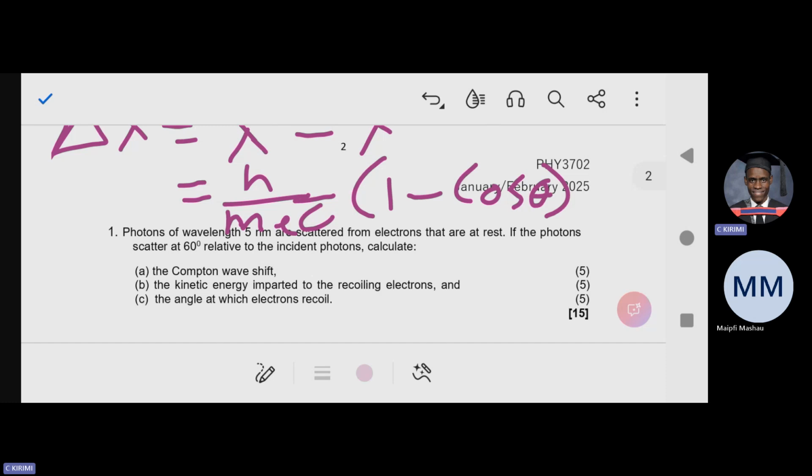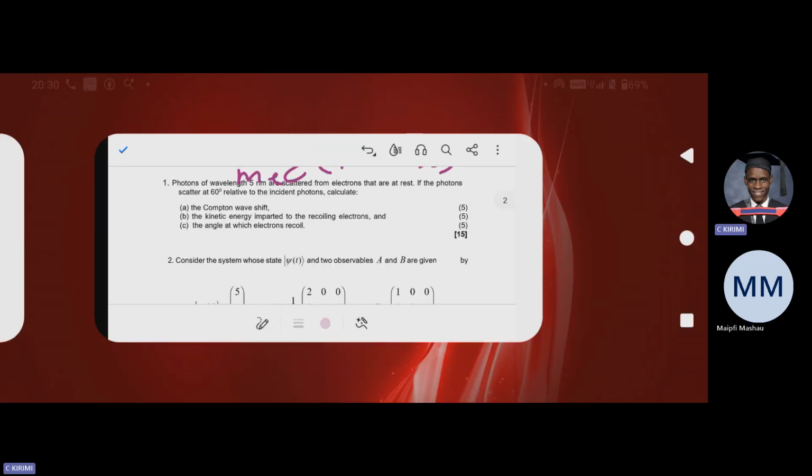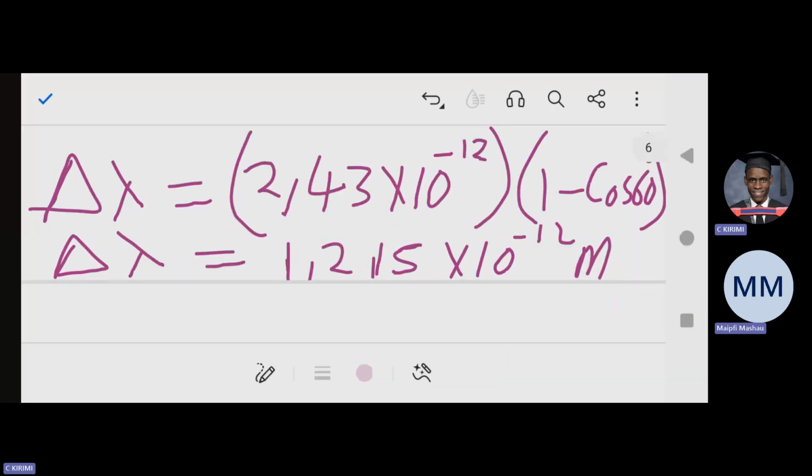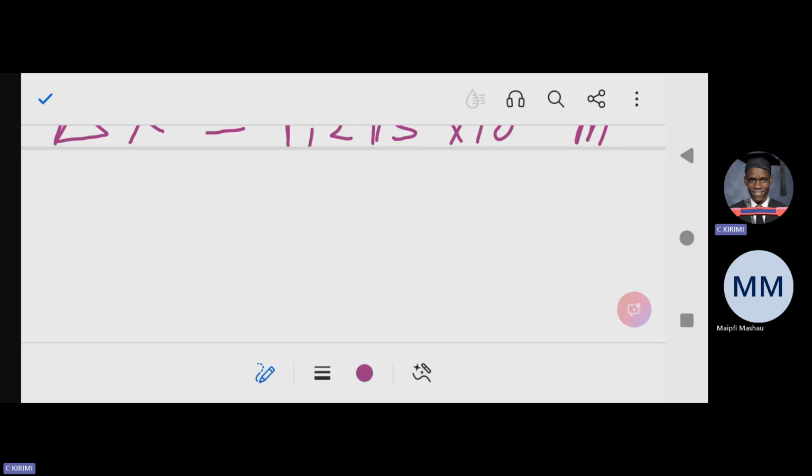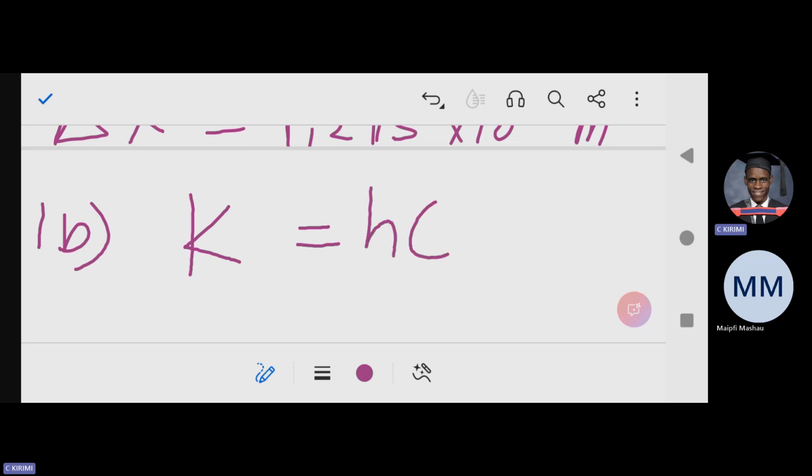Another formula that you use is the kinetic energy, K, imparted to the recoil electron. The kinetic energy K is equal to the Planck constant multiplied by the speed of light, times 1 over the initial wavelength minus 1 over the final wavelength.